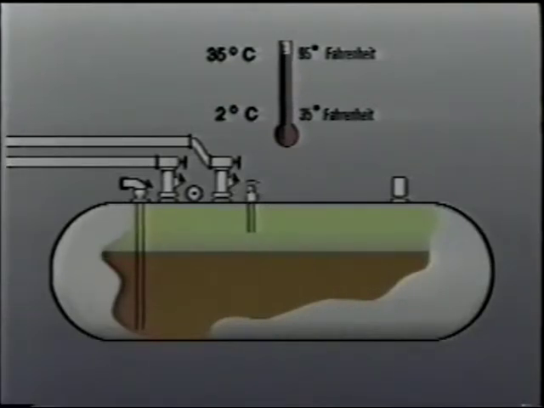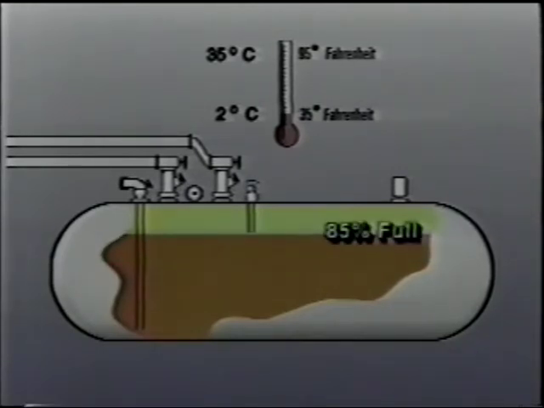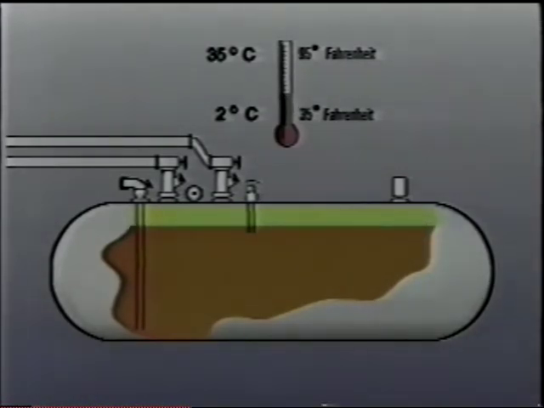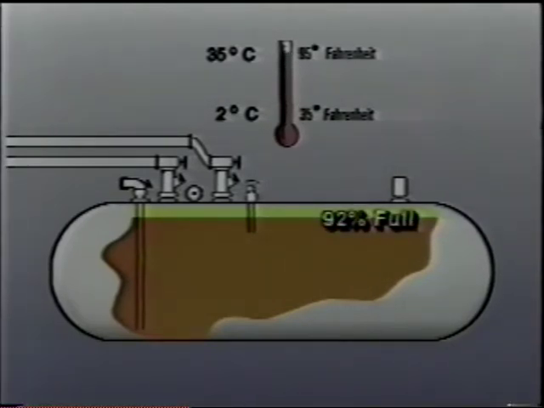Anhydrous ammonia expands and contracts as the temperature increases and decreases. Here is a tank that is filled to the maximum, 85% level, with a liquid temperature of approximately 2 degrees Celsius, 35 degrees Fahrenheit. As the temperature rises to 35 degrees Celsius, 95 degrees Fahrenheit, the liquid level rises to 92% full.